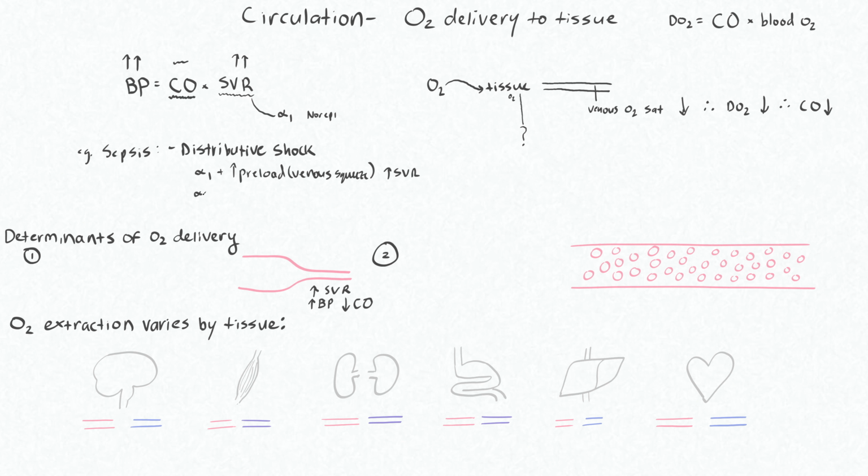Now if we uptitrate our norepi and just give a whole ton of this medication, we'll still get this increase in preload, but there's definitely a lower ceiling effect to this than there is for the increase in your afterload or systemic vascular resistance.